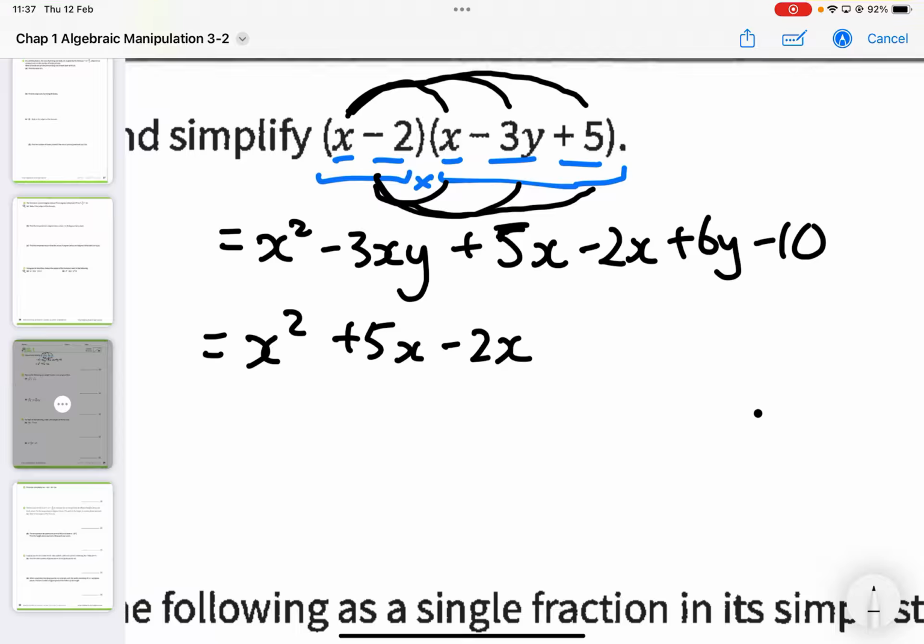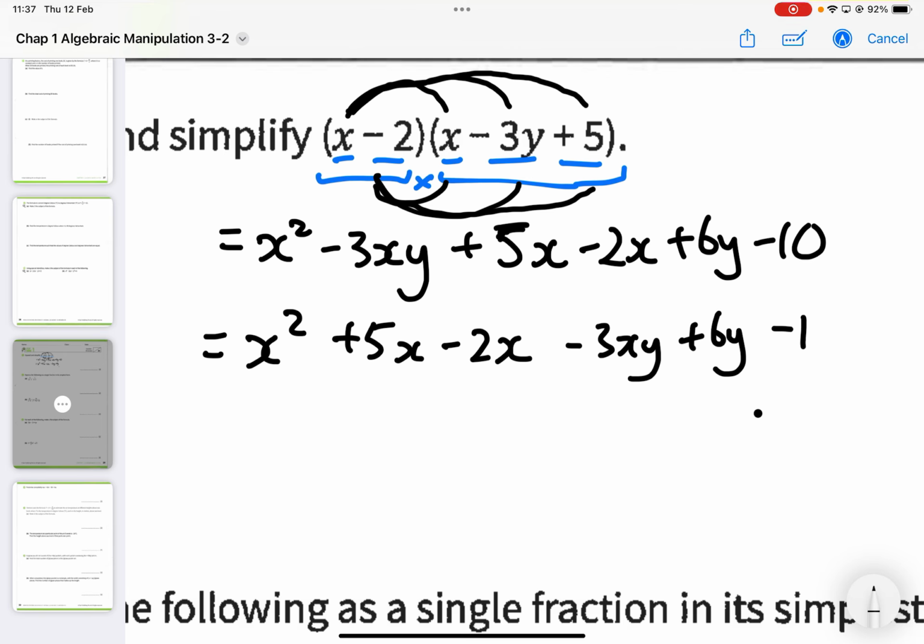Then I go to terms that still have x. Then x times y, minus 3xy. Then y, so plus 6y. I don't have any other terms with y already.